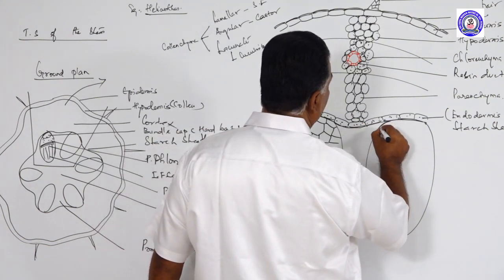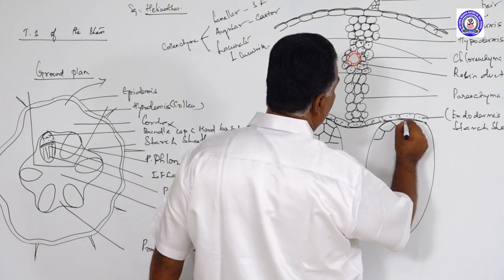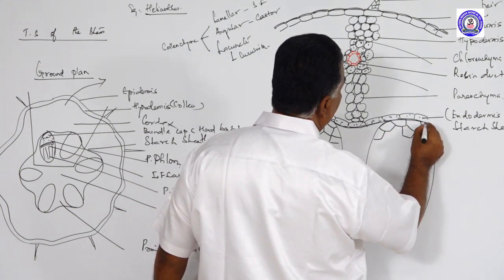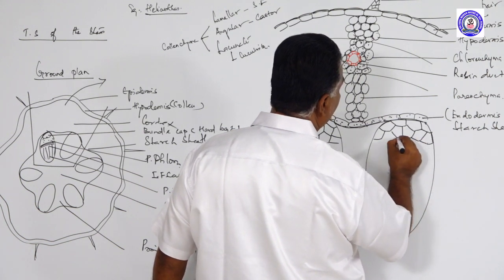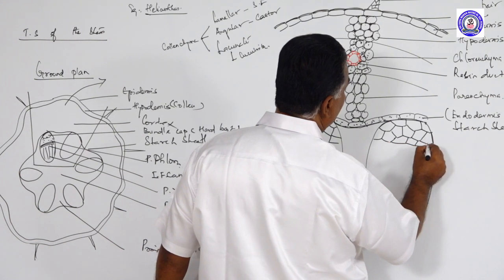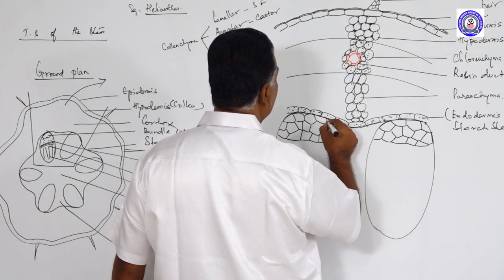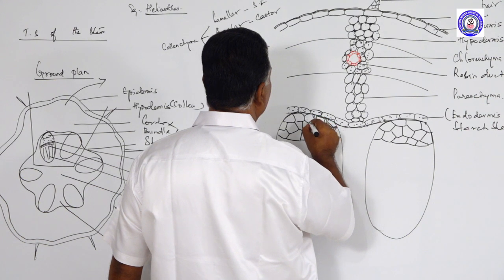See, this structure stands for the vascular bundle. Outside each vascular bundle, there is a patch of 2 to 3 layers of sclerenchyma cells. This is called the bundle cap.